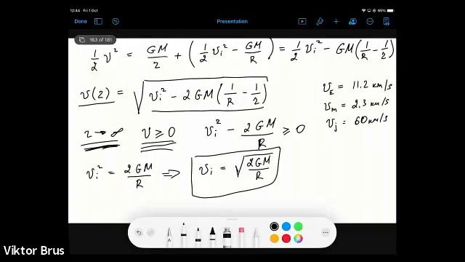That creates conditions when escape velocity is larger than the speed of light, which is the maximum achievable speed of transferring signals in the universe. And if that's true, then even photons, which represent particles of light, cannot escape the gravity of the black hole.